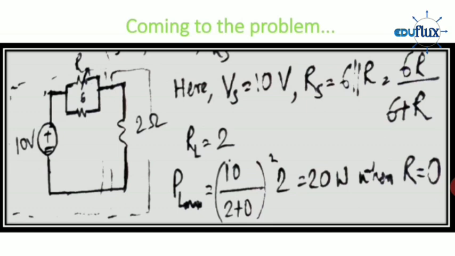Now coming to the problem, comparing with the known quantities in the model for the derivation, Vs is 10 volt, Rs is the equivalent of this resistance, 6 plus 6 and R in parallel, and the load consists of only a 2 ohm resistance which is fixed.